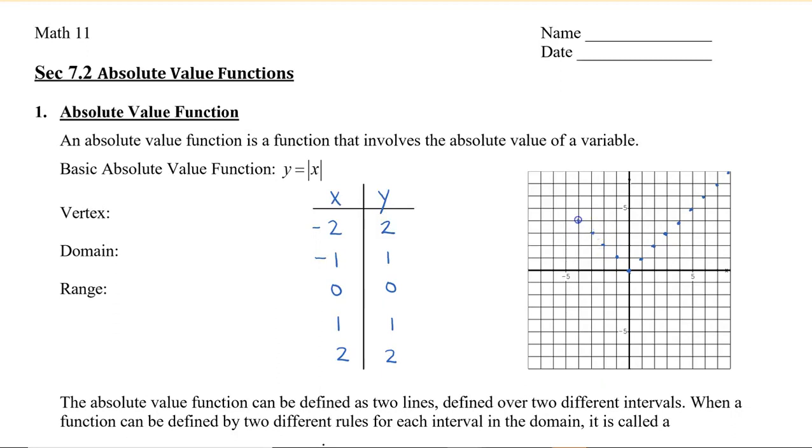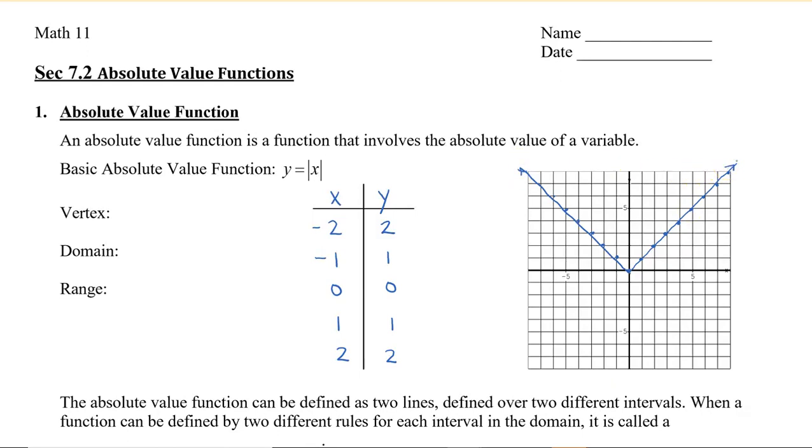So we have all of these points here, and I'm going to connect them all. So make sure you use a ruler, so we can draw a nice straight line. And you can see that we get a nice looking V shape.